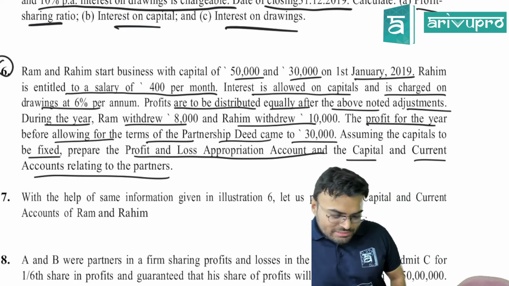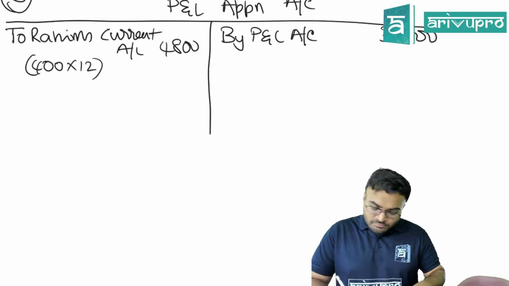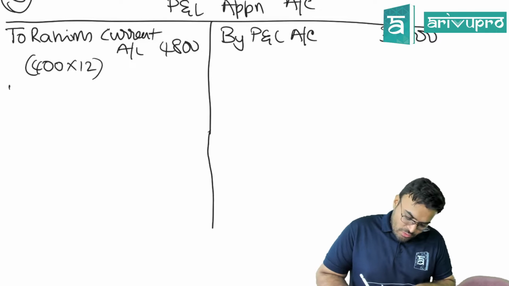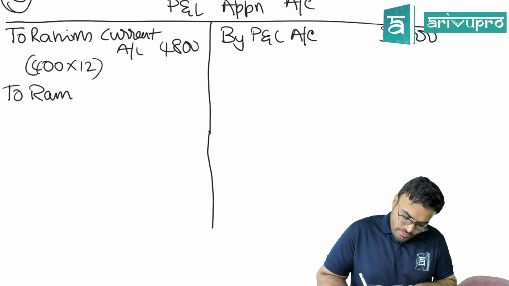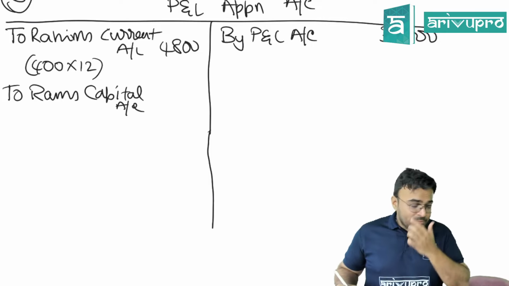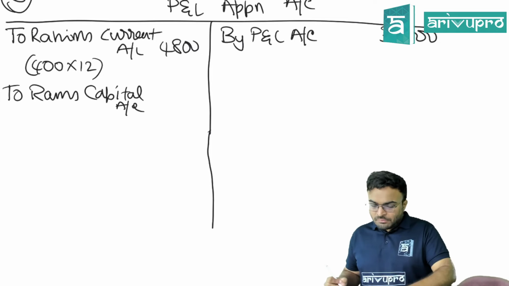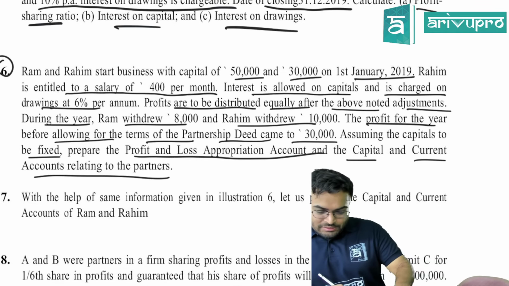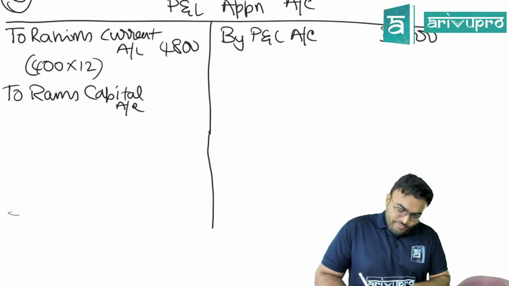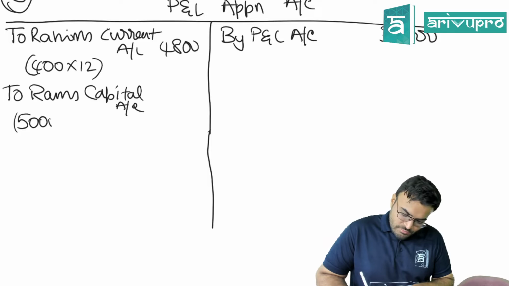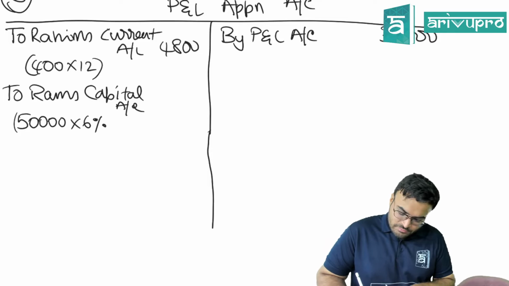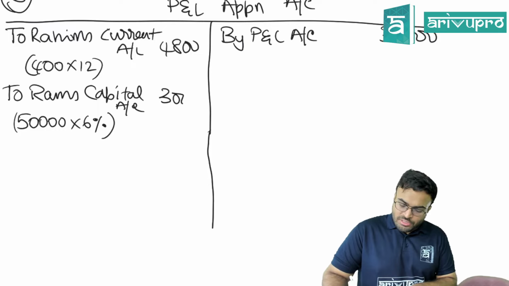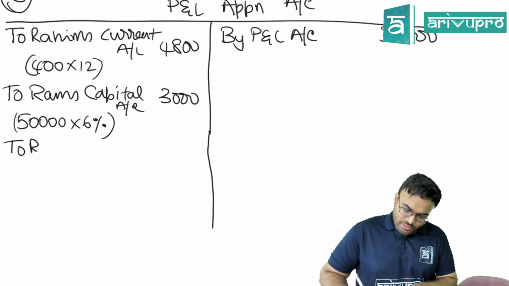What did they tell after that? Interest is allowed on capitals at the rate of 6% per annum. So interest on capital has to be paid, to Ram's capital account. They started business with capital of 50,000 and 30,000. So 50,000 into 6%, 3,000, and we are supposed to give it to Rahim also.